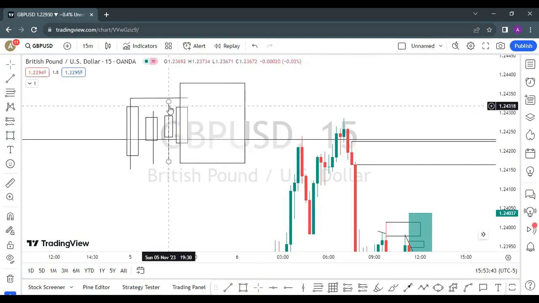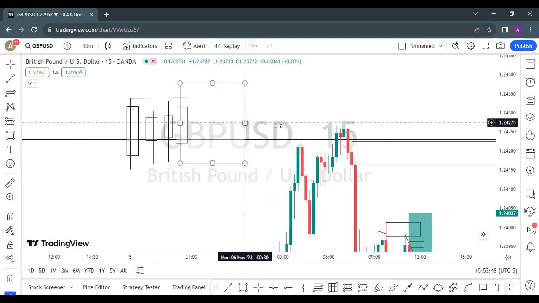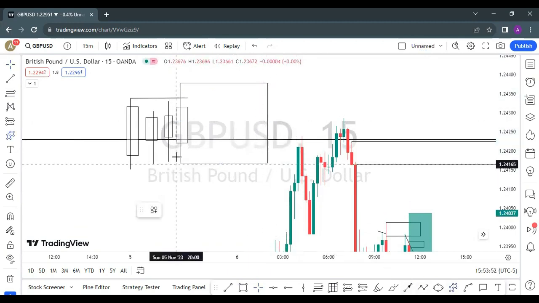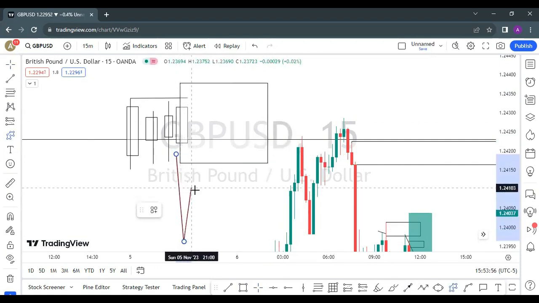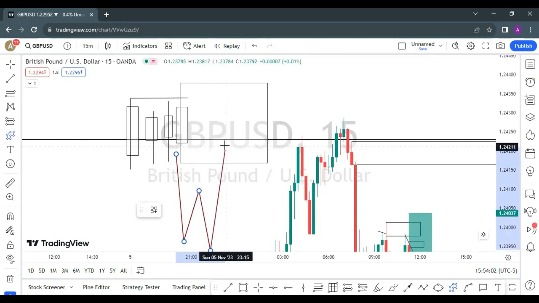So you can either make your entry directly from there, or you mark that entire single candle as an order block. Then you wait for price to go down. If it gives you an IDM, it's a plus. If it doesn't, you still take your entry when price taps in.